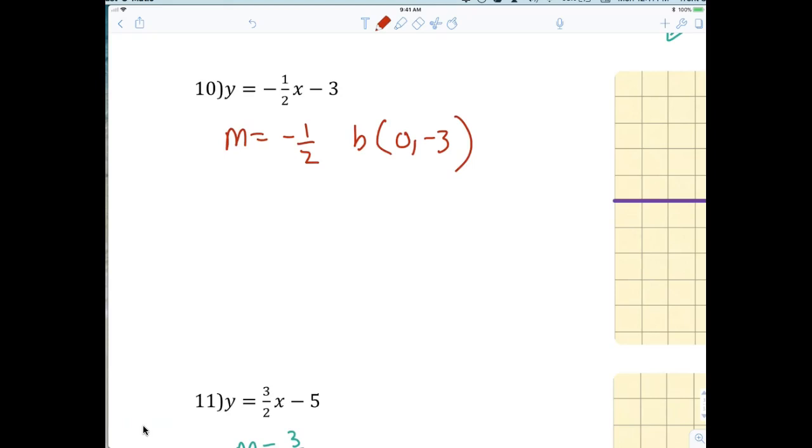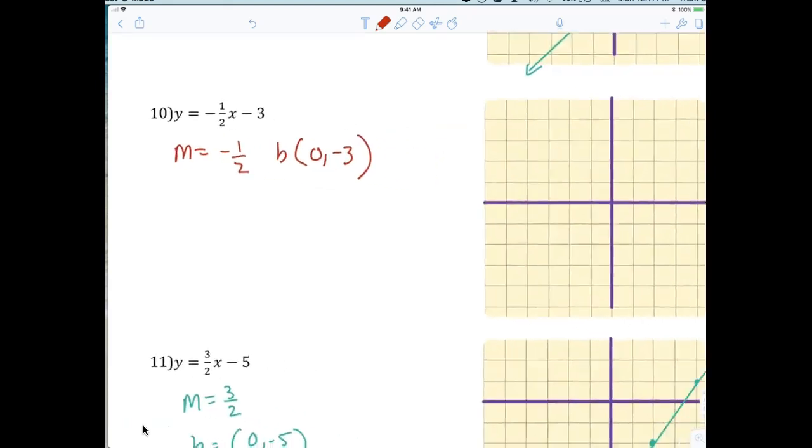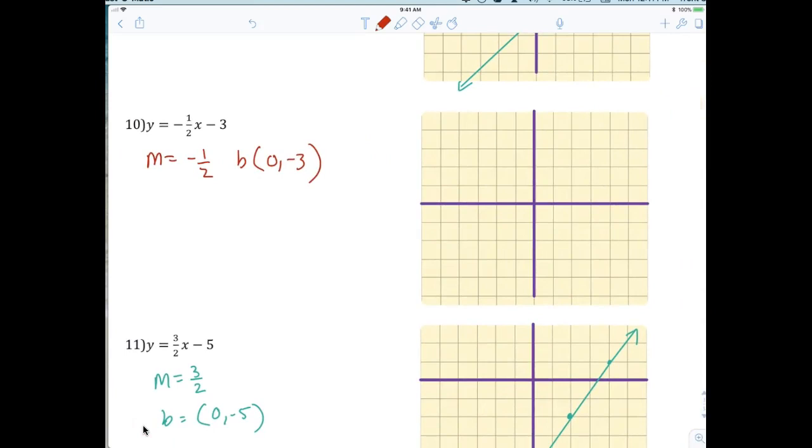All right, go ahead. And then you would go down -1. Wait. You got to plot the y-intercept first. Down -3. Good, exactly.